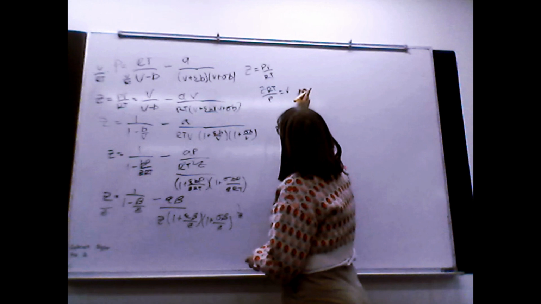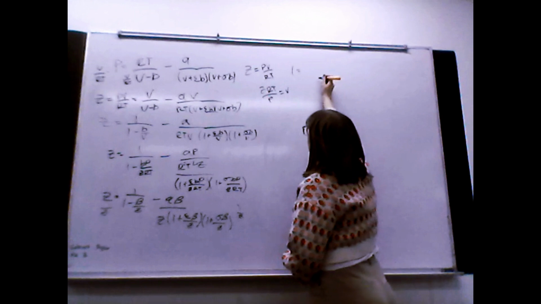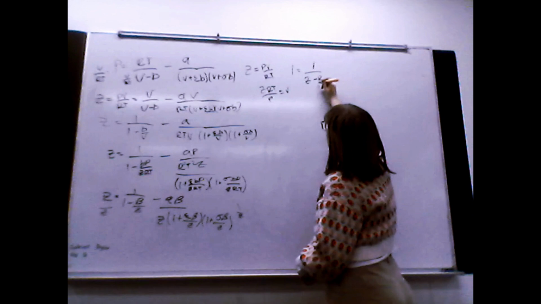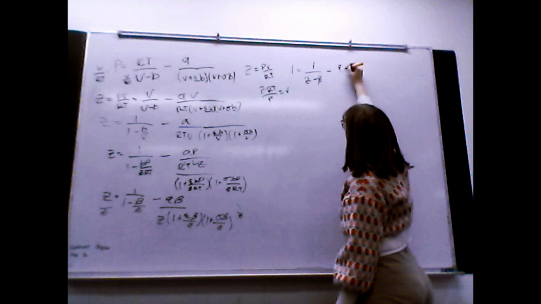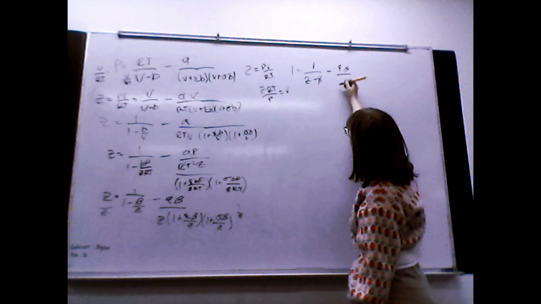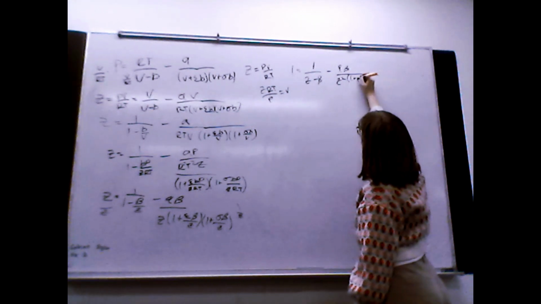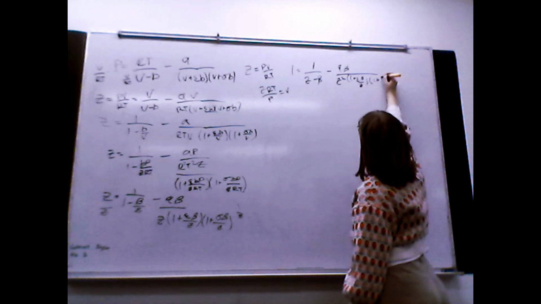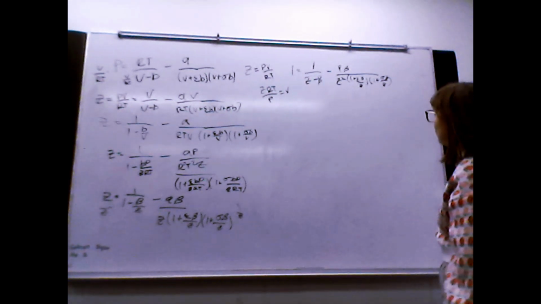So we're going to have 1 equals 1 over z minus beta, and then we have q beta over z, so we want to divide by z, so this becomes z squared, 1 plus epsilon beta over z, 1 plus sigma beta over z. Okay, so now we have that.